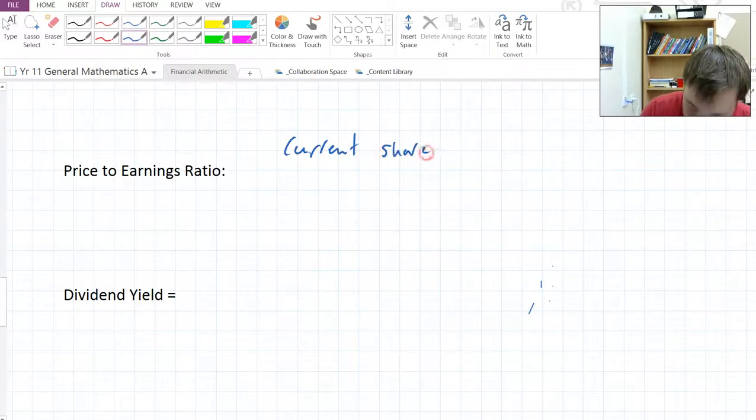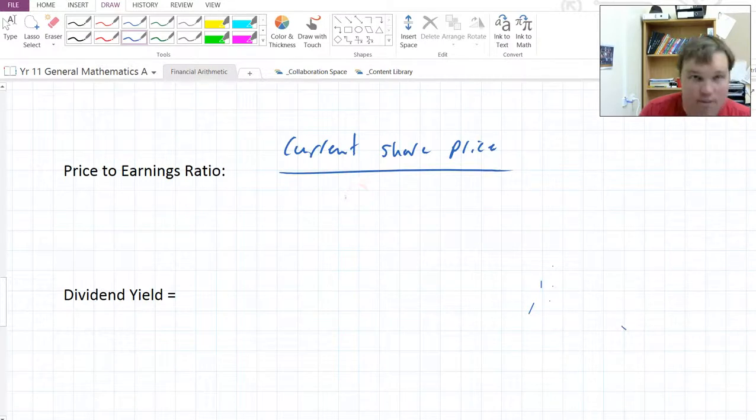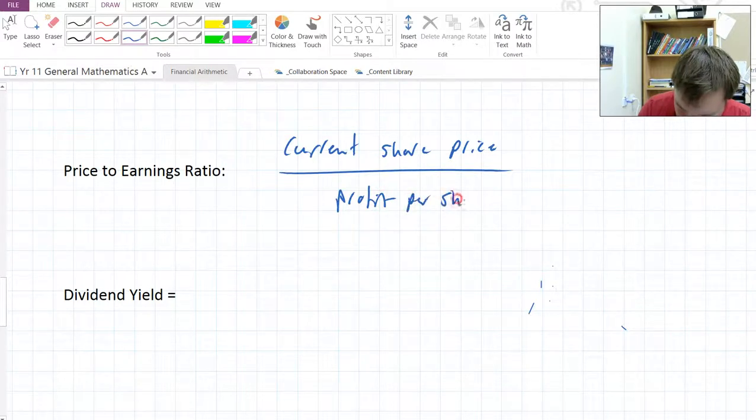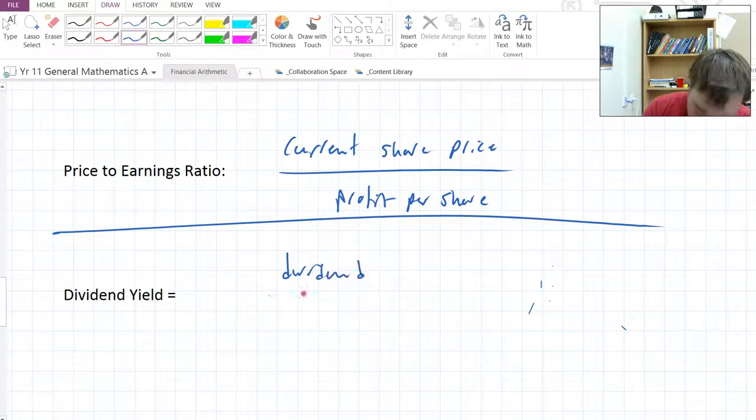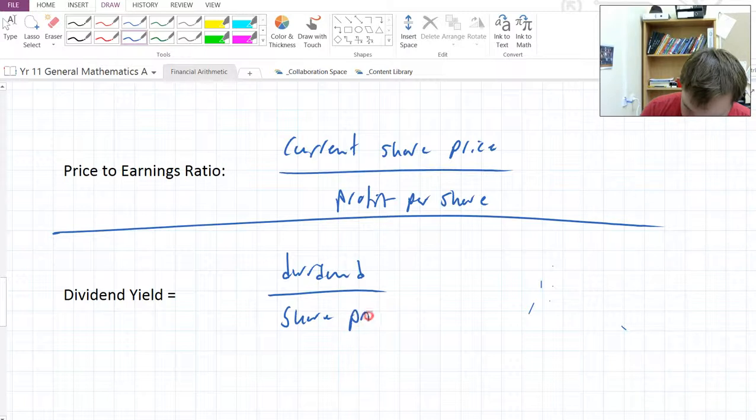It is equal to the current share price divided by profit per share, or profit per share you can think of as dividend. Dividend yield is a percentage, and that is dividend, excuse my writing, divided by share price, times 100.